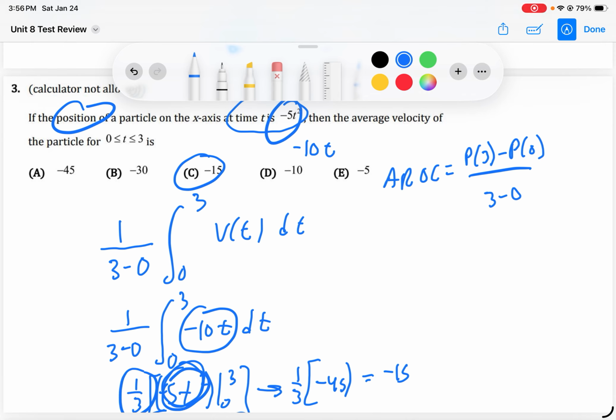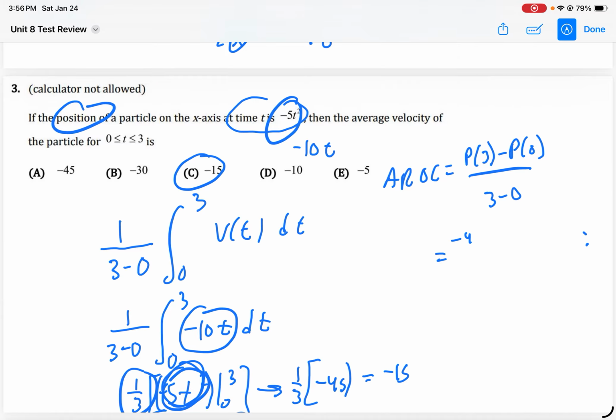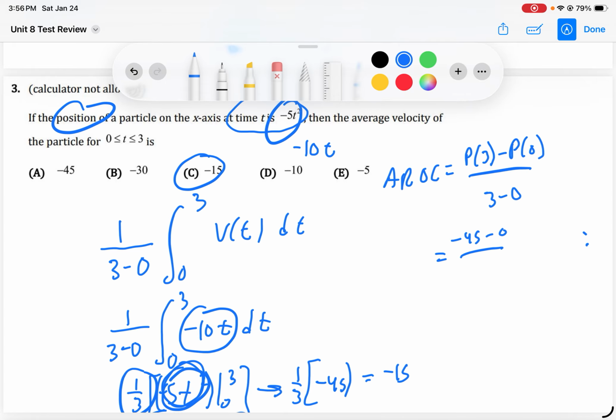I didn't know that till just now. That's exciting, to me at least. So you plug in 3, 3 squared is 9, so negative 45 minus 0 over 3 minus 0. Look at that, same thing. That's cool. All right, next question.